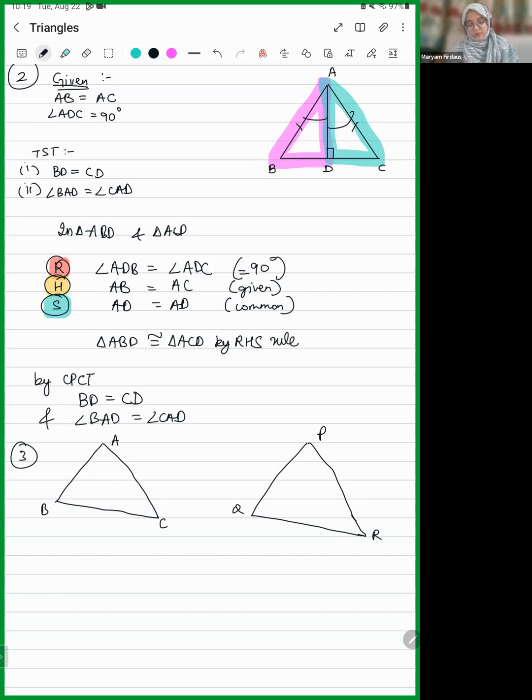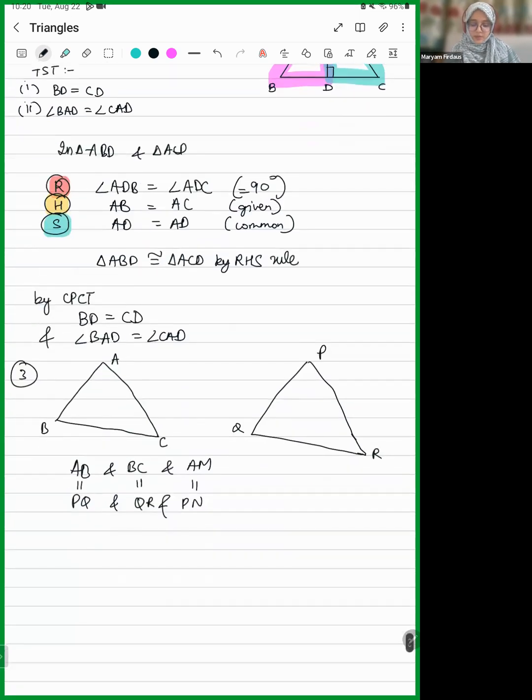They are telling you that two sides AB and BC and median AM are respectively equal to sides PQ and QR and median PN. Respectively means AB is equal to PQ, BC is equal to QR, and AM is equal to PN. So this doesn't mean that they're all equal to each other.